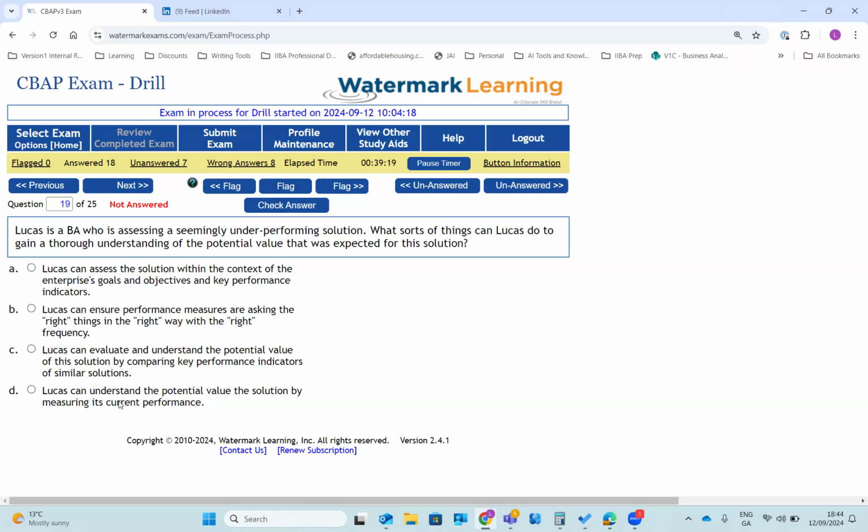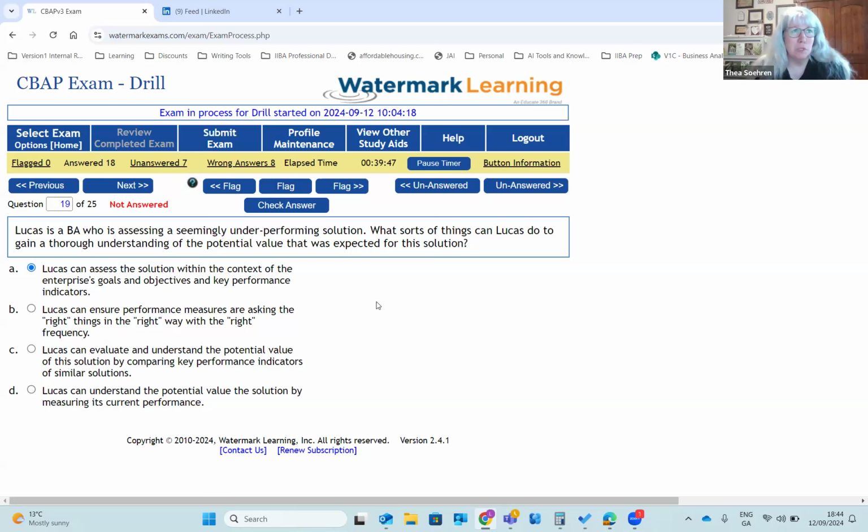D as in dog. I don't know, it asks potential value, and in D, I just caught potential value. Okay. Or A, A is also good. Goals and objectives.